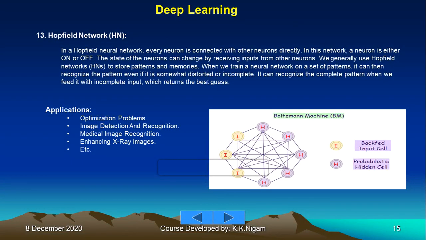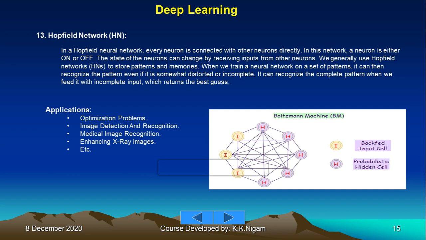Hopfield network (HN). In a Hopfield neural network, every neuron is connected directly with every other neuron. In this network, a neuron is either on or off. The state of the neurons can change by receiving input from other neurons. We generally use Hopfield networks to store patterns and memories.